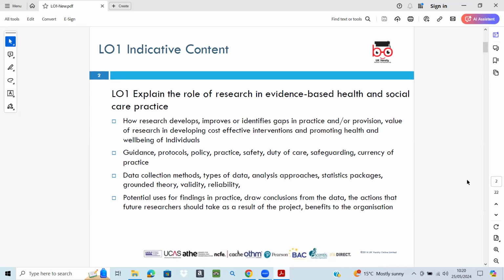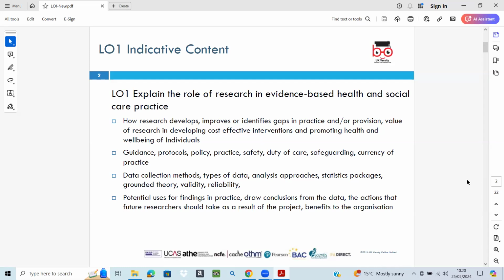Then we have analysis approaches. Okay, so in that we have some statistical software packages: SPSS, R, or SAS. We use these for analyzing quantitative data.